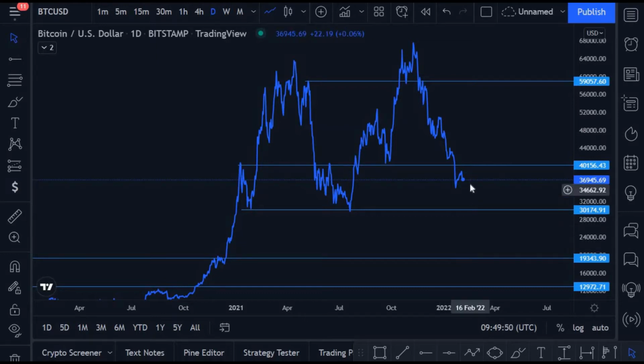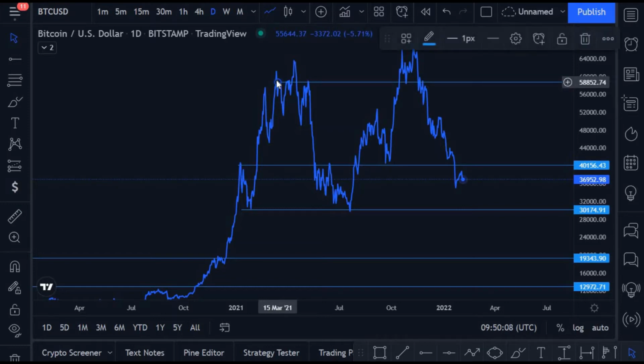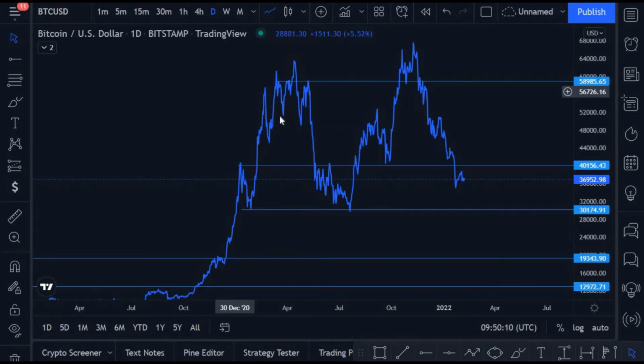Here, you can see this particular level has been tested once, twice, 3 times, and almost 4 here. Up here, if I extend this to this point, you realize that these have been tested once, twice, 3 times, the 4th test here, and then we have a 5th test here.